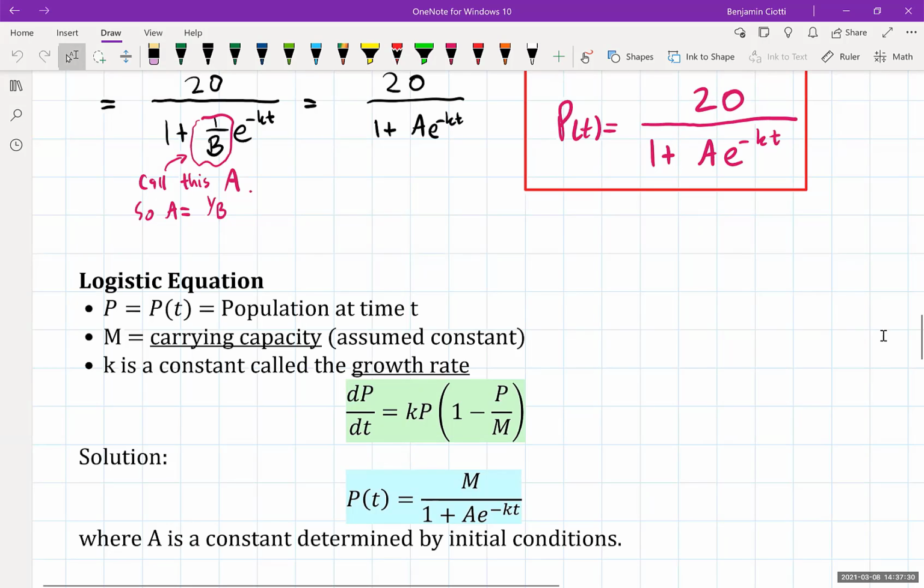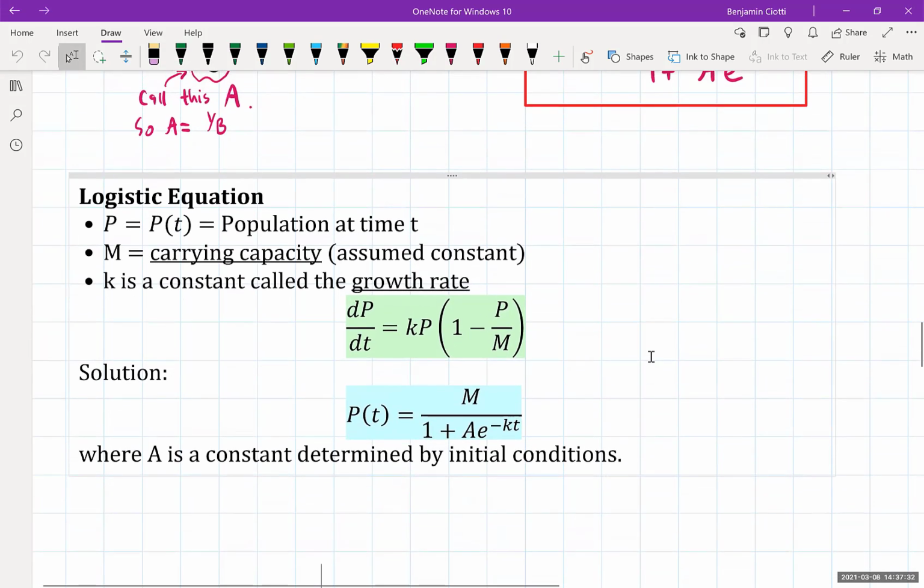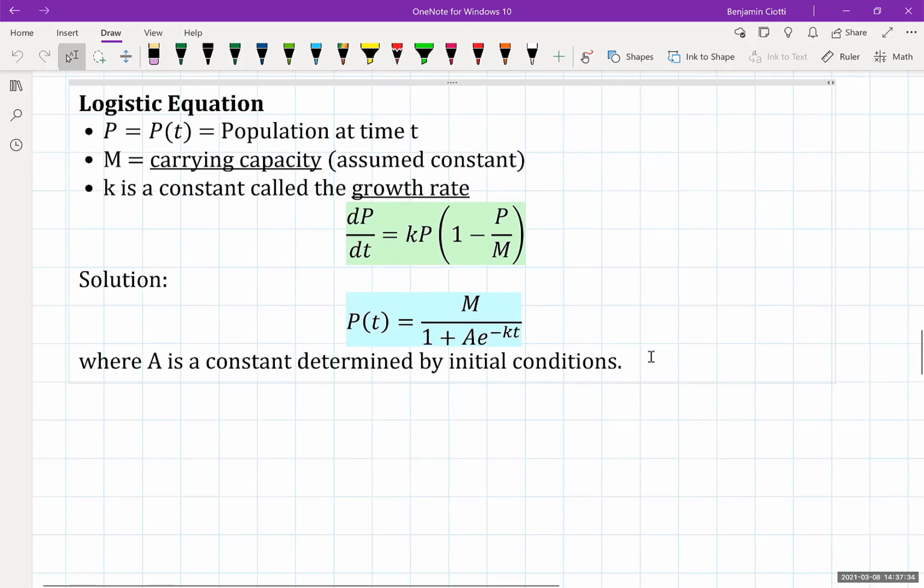How did we come up with the differential equation? That's a really good question. It was kind of ad hoc.